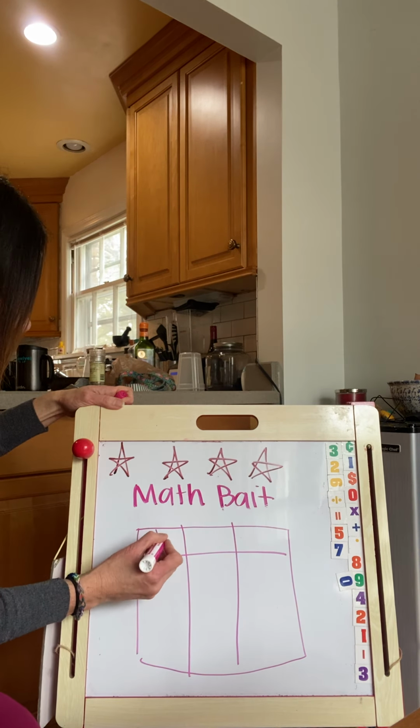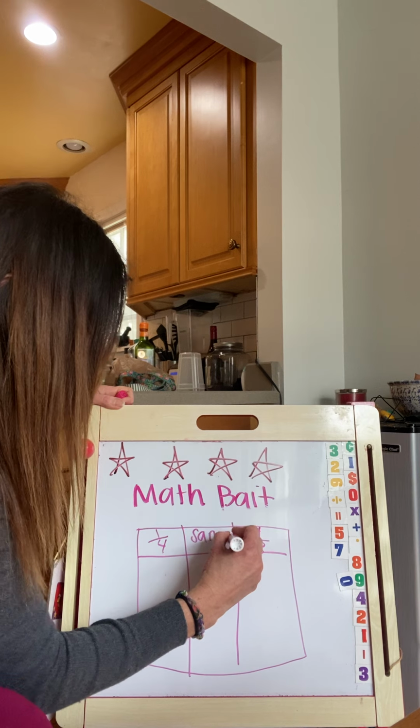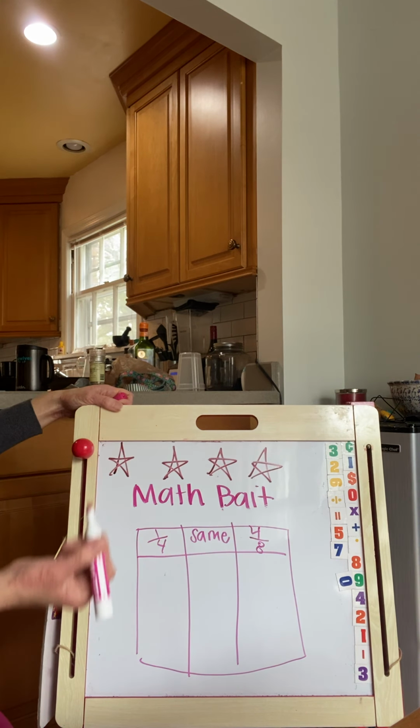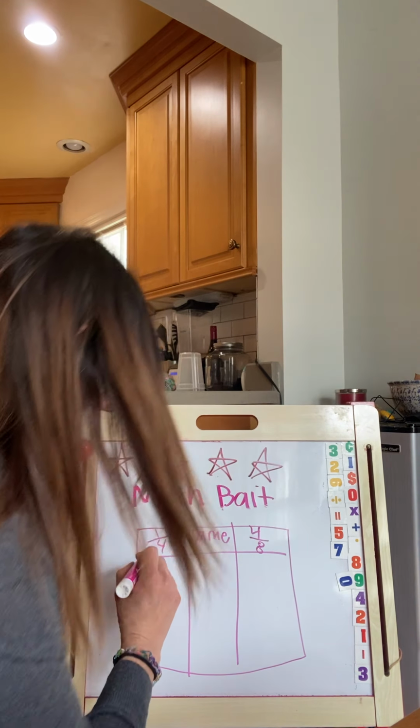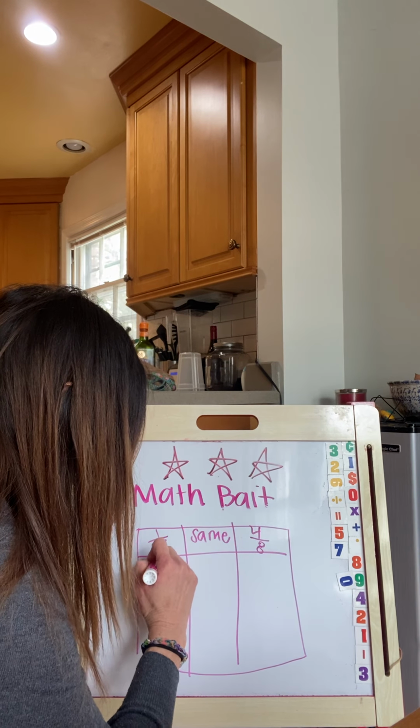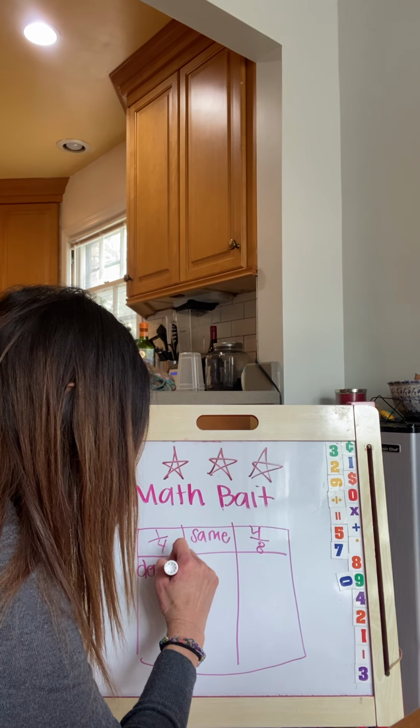Okay, so this would be our 1/4, our 4/8, and this would be the same. Okay, so you could have said that this one has a denominator of 4. This one has a denominator that's 8.